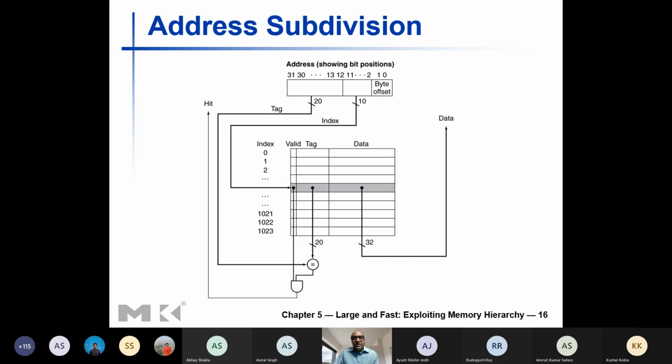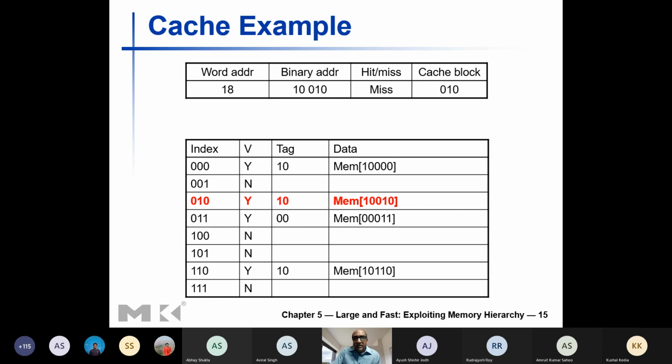So we discussed one of the techniques for mapping the main memory to cache memory. We know that the main memory size is much larger compared to the cache memory, but the cache memory access time is much faster compared to main memory.